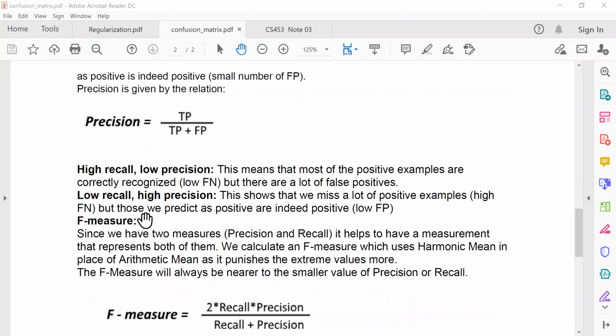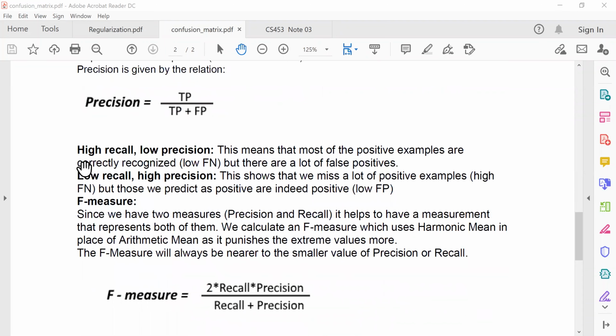Here it also gives us some scenarios. If you have a high recall ratio but low precision ratio, what does that mean? It means most of the positive examples are correctly recognized because you have low false negatives, but there are also a lot of false positives. So you need to be careful.